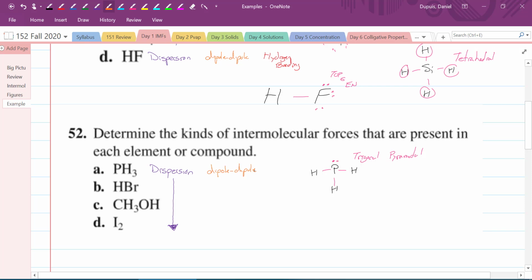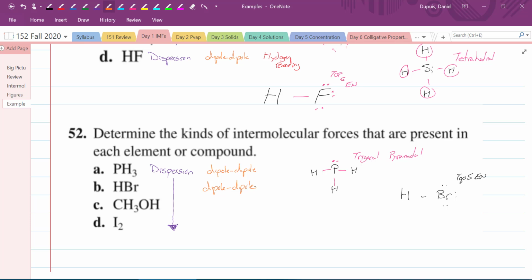HBr. That's H connected to a top 5. So that's a polar bond, so it will have dipole-dipole here. But no hydrogen bonding. Even though there's a hydrogen bond in the compound, it's not the hydrogen bond intermolecular force.